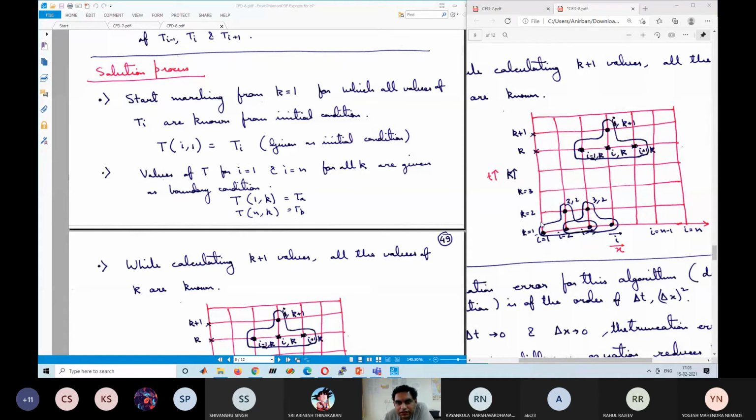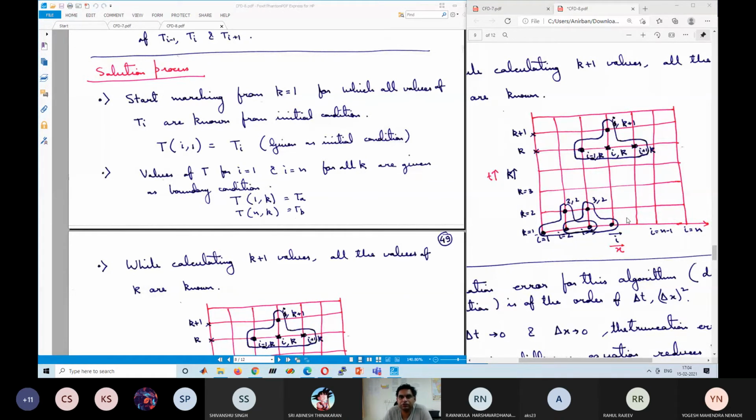What is the other boundary condition? At i equals to n, at any time it is Tb. These are also known points. So we know all the values on these points: bottom line, left line, and right line. These are known values for us based on initial and boundary conditions. Is it clear to everyone? Or is there any doubt?